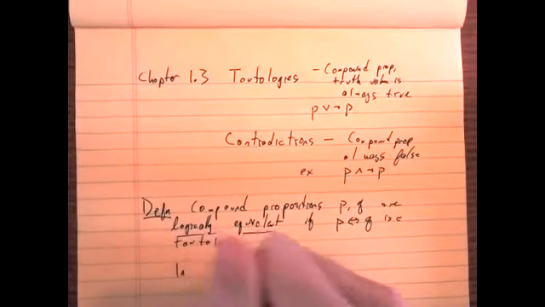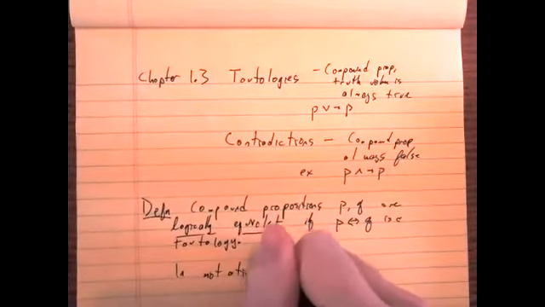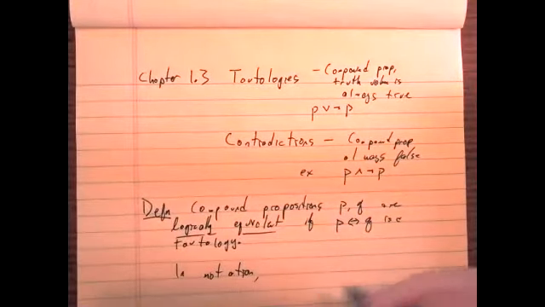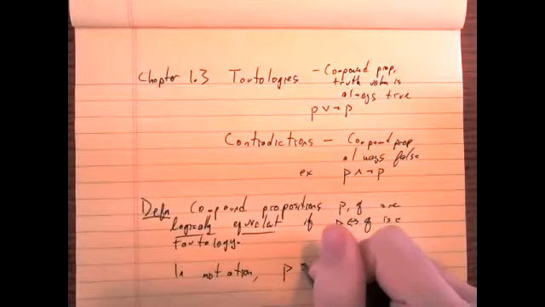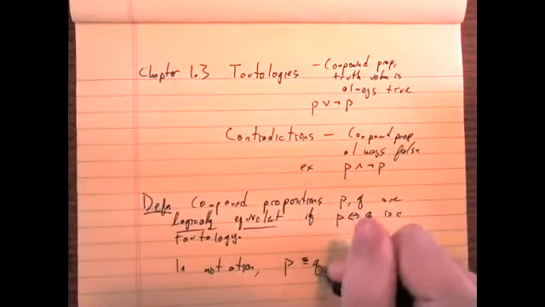In notation, we write this as P is equivalent, this is with 3 bars, to Q.